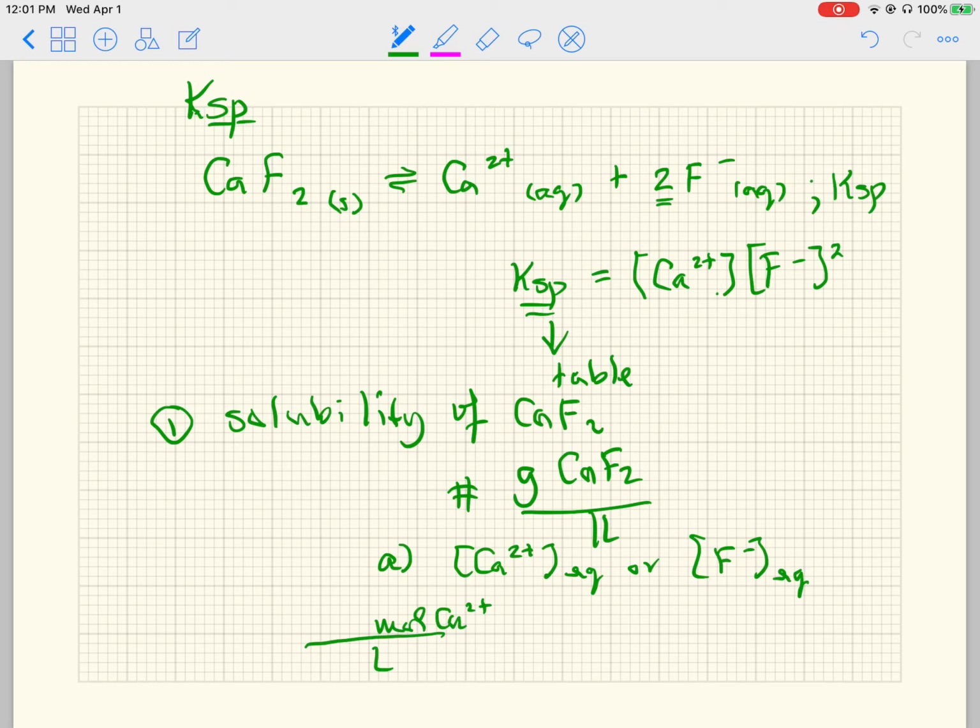And then I could convert that, knowing that for every 1 mole of calcium, I have 1 mole of calcium fluoride. And so from that, I can go to moles of calcium fluoride. And then, of course, you can go to mass of calcium fluoride through a periodic table conversion. So you must have equilibrium concentrations.